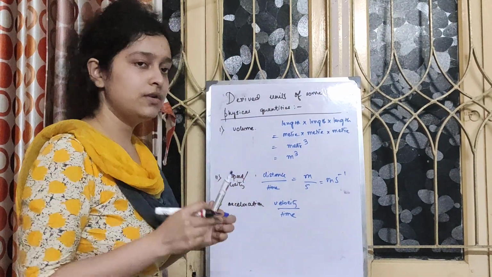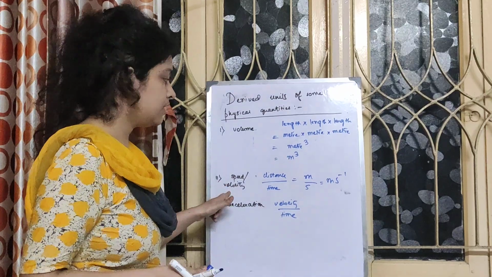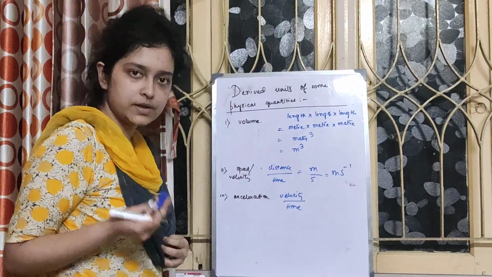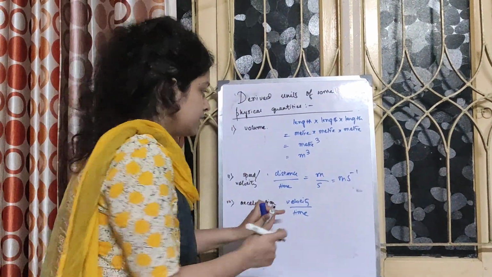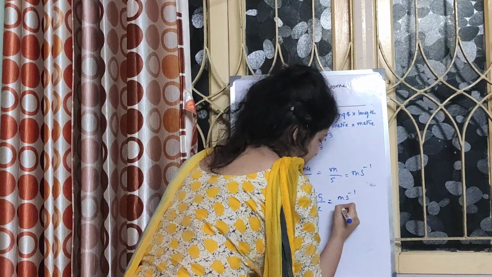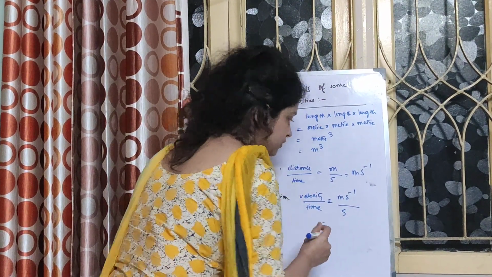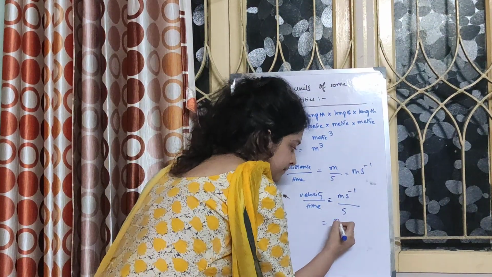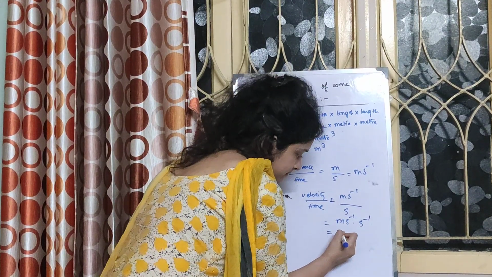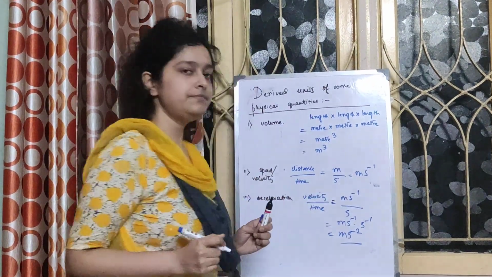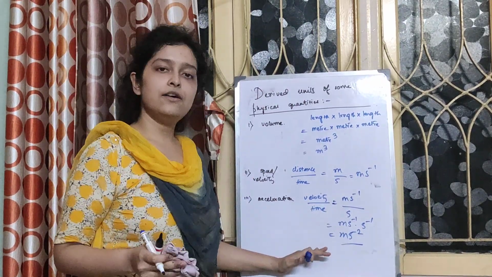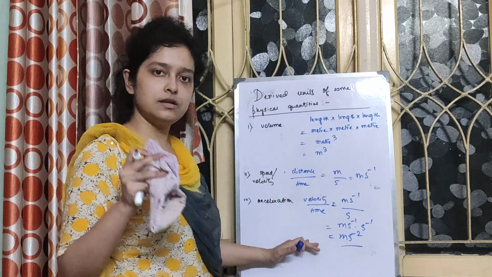Remember in class 7 you had this thing that speed and velocity both have the same units, then why are they different, or are they different physical quantities or the same? So for velocity we have meter per second by time, again second. So finally what do we get? The second comes in the denominator, giving acceleration.